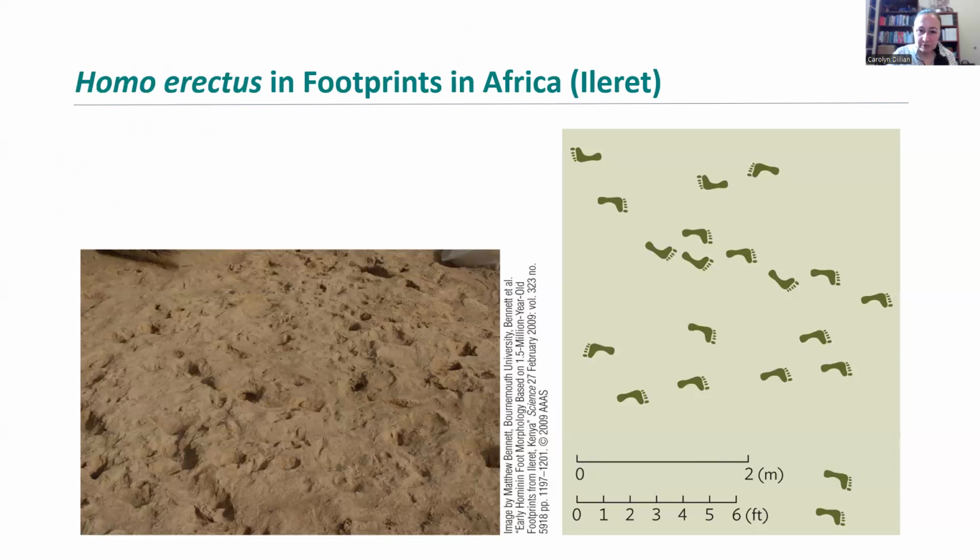There's also a skull from Ileret that is a little smaller and has smaller brow ridges than other Homo erectus skulls, but this skull is designated KNM-ER 42700, which basically means that it's the 42,700th fossil discovered in East Rudolf.